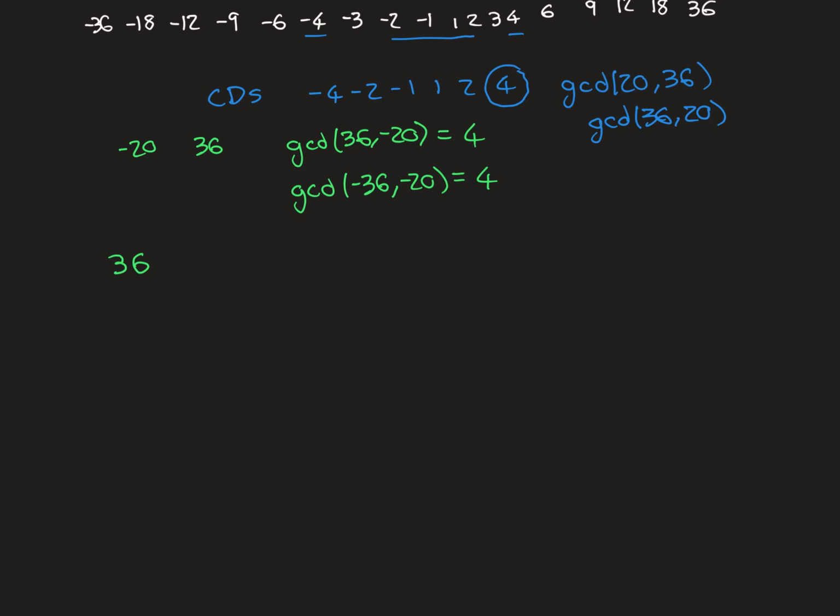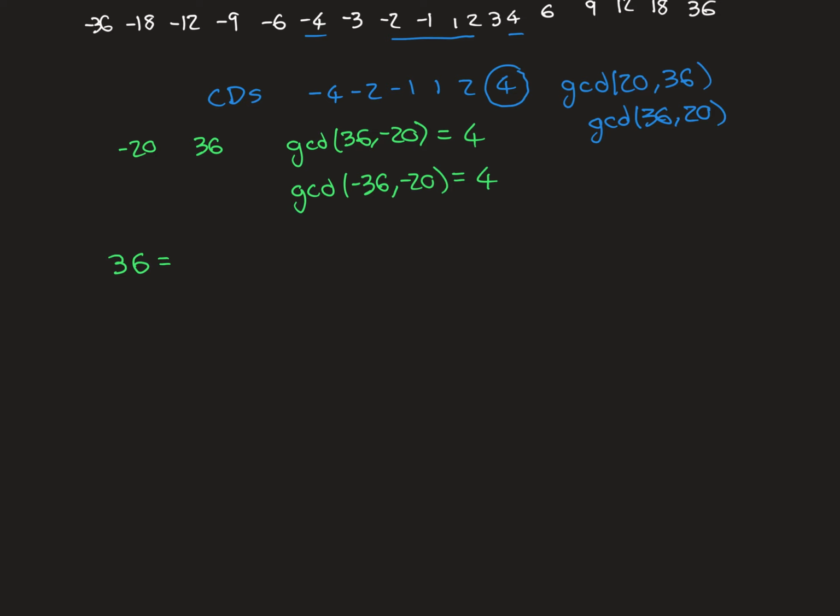It would be more important to specify that we're talking about moduli in the case where we've got numbers which are potentially negative. So if we, for instance, had 20 and -36, it would then be important to specify that we mean the number with the biggest modulus, which is the -36. But in our case, it's just the bigger number. So 36, and then you write it using Euclidean division with your other number, 20.